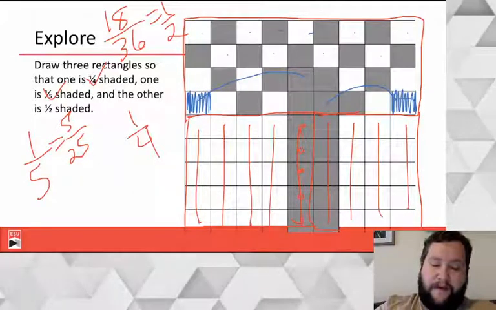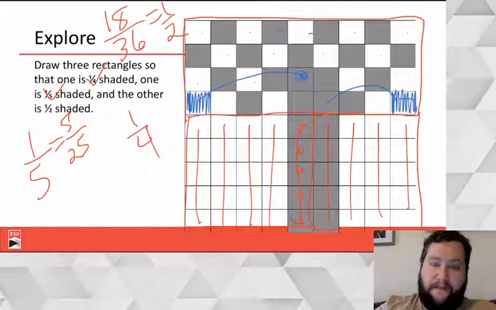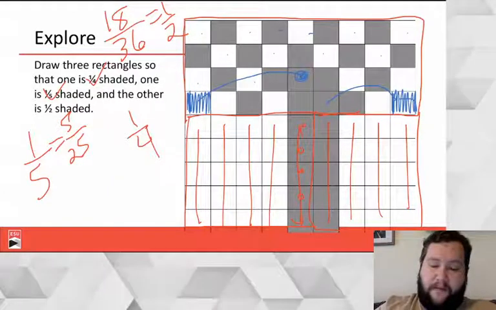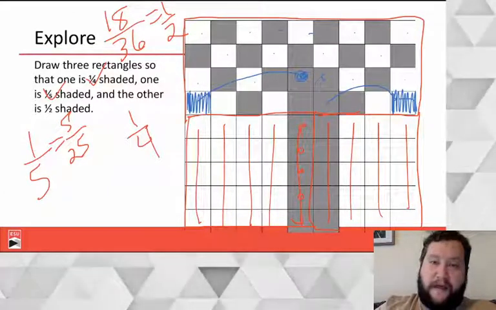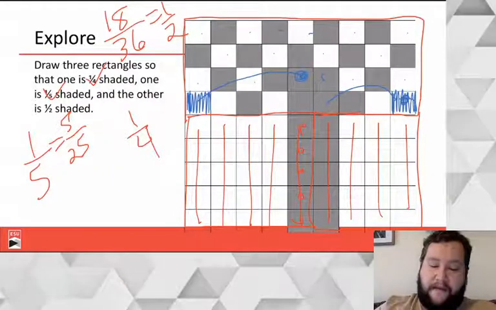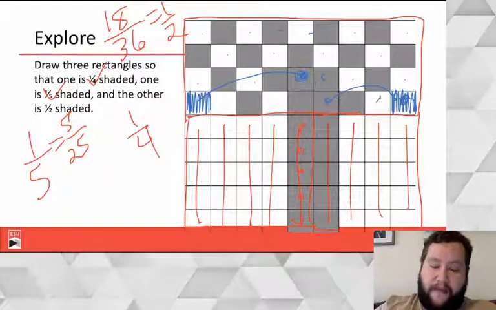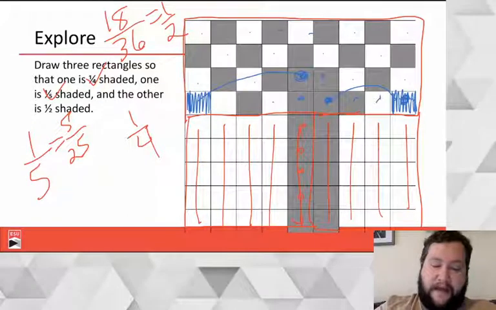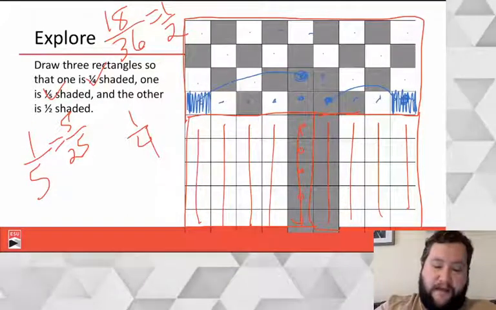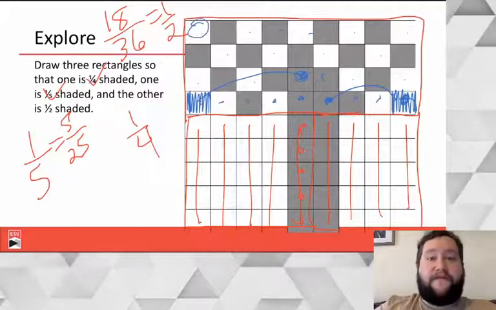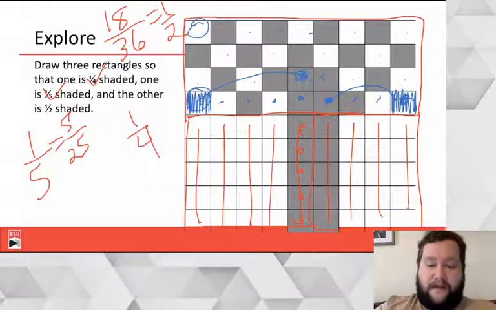Remember we moved this one here, so that one's white. Black, white, black, white. This bottom corner one is black now. White, black. This one is white. Black, white, black, white, black. And since we started with white and ended with black, half of them are shaded.